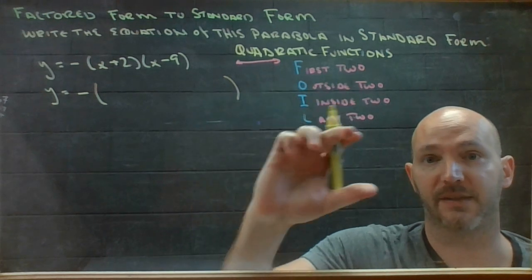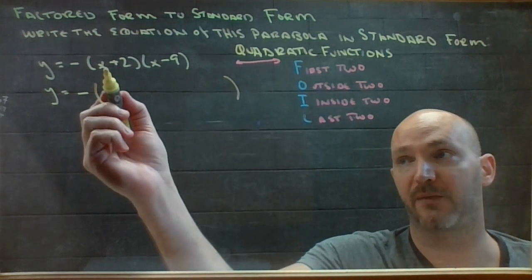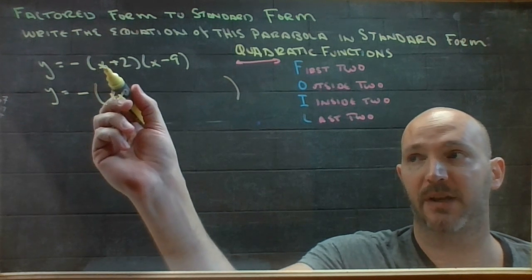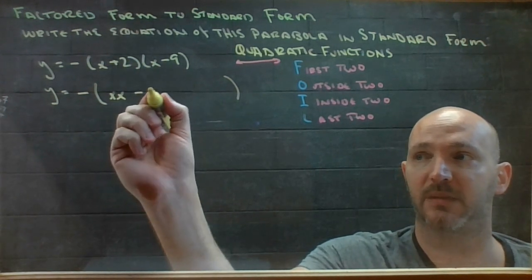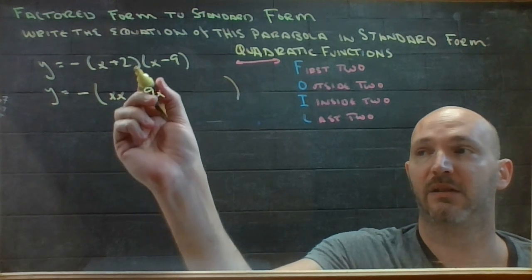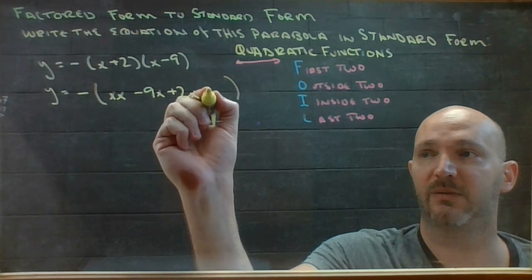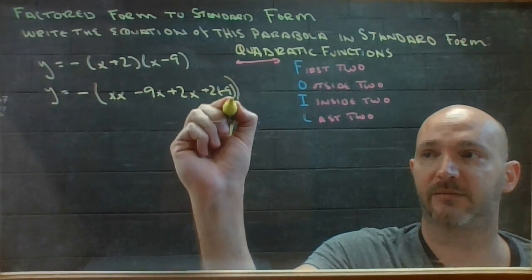I'm going to do all this stuff first. So my first pair, x times x. My outside pair, x and a negative 9, would be negative 9x. 2 and an x, 2x. 2 times negative 9.